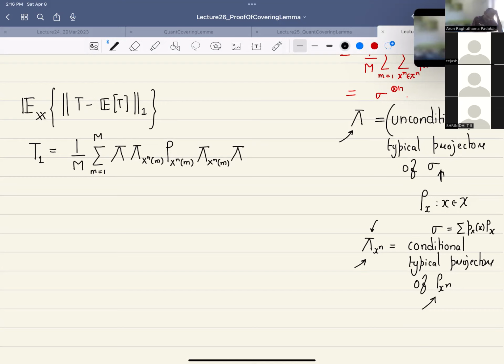So this is my T1. I will only show the key term; you will see that the other terms are essentially not hard. Let's say T2 equals T minus T1, and you can show this. First, you can do this.